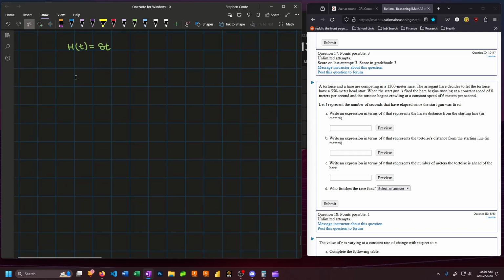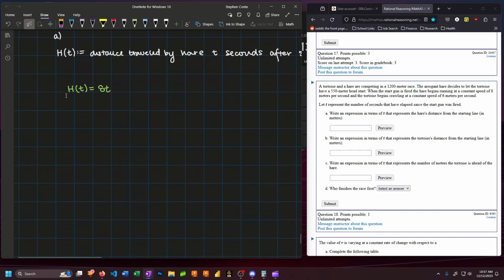Okay. Now the tortoise's distance we can represent as T of t. I'm not going to rewrite that whole piece above, just know tortoise distance t seconds after start.